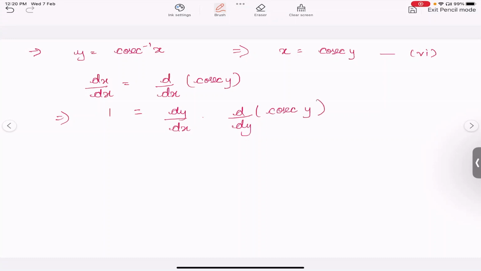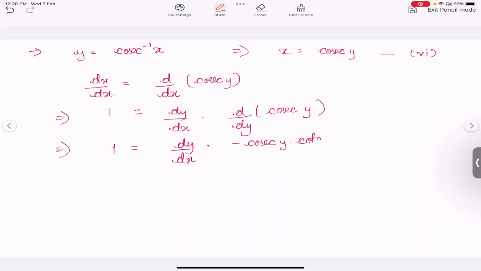I've written dy by dx before, because it is a multiplication, so the order is the same. So 1 will be equal to dy by dx times minus cosec y cot y.